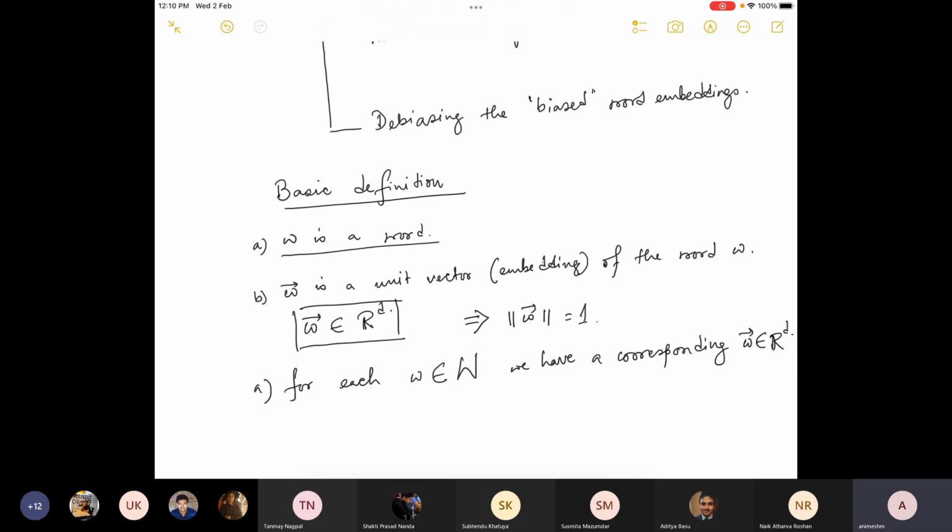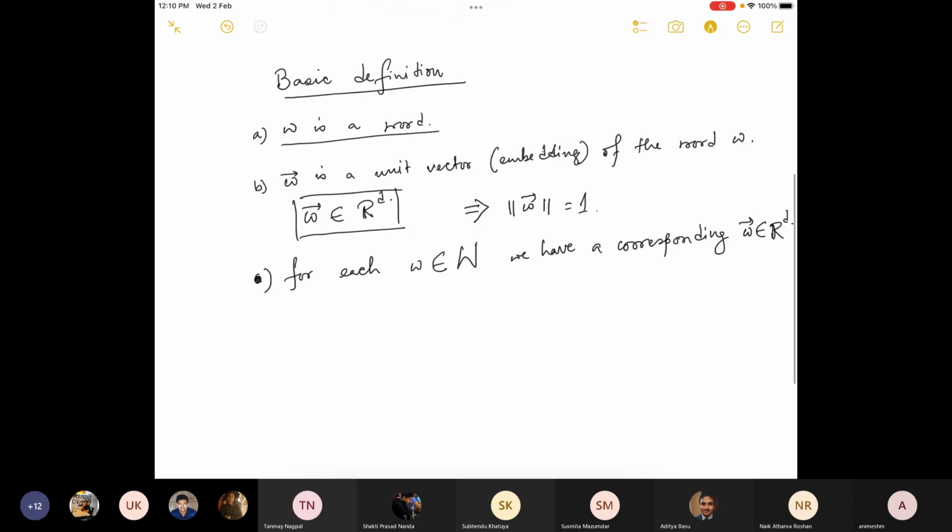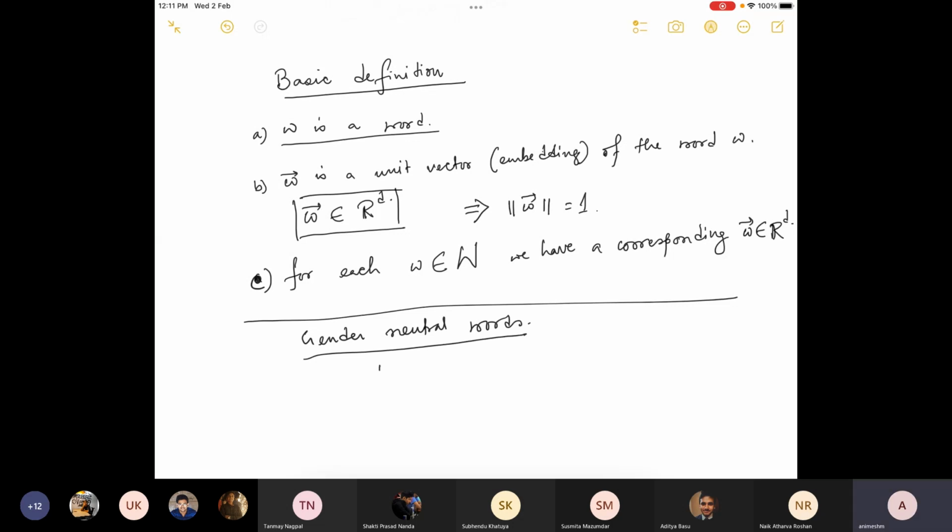These are the general ones. There are a few specific ones required for this particular study. The first set of specific words are what we call the gender neutral words. Now let this set of words be N, which is a subset of W.